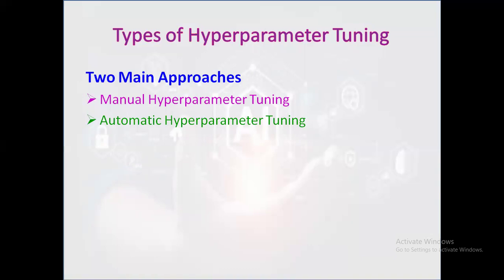The researchers adjust parameters step by step and evaluate performance after each change. In automatic hyperparameter tuning, it uses algorithmic search strategies to explore multiple combinations of hyperparameters. This approach reduces the human effort and often finds better solutions, especially in complex models.